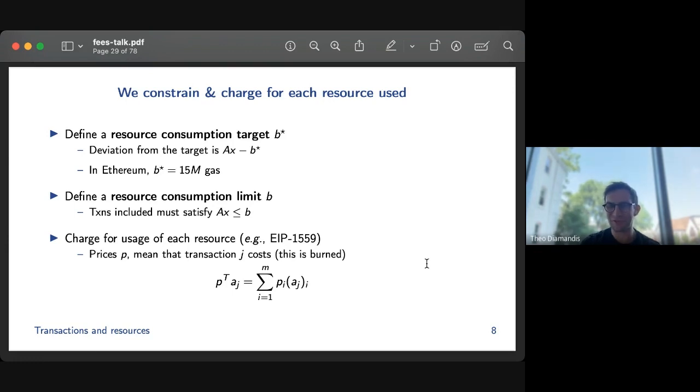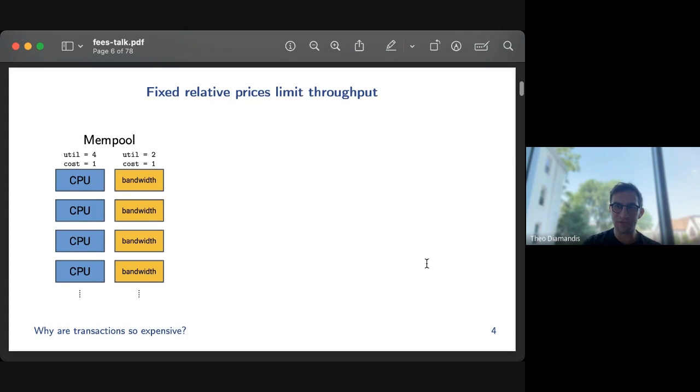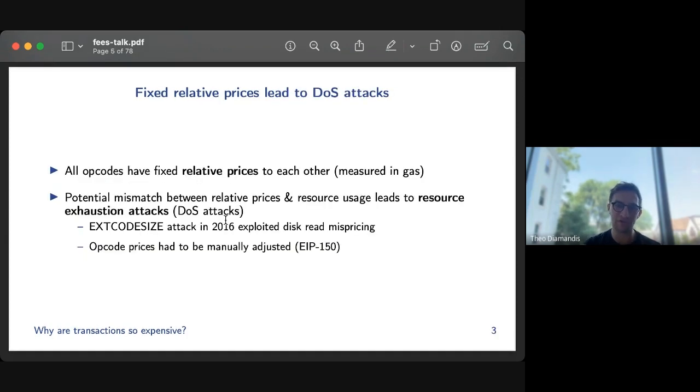But if there's something that we haven't really solved yet in the one-dimensional case, this framework doesn't fix it, or I will not claim this framework fixes it. This is more about throughput, and solving these problems of denial of service attacks that arise because you have these fixed relative prices and you can exploit something that's cheaper than it should be.